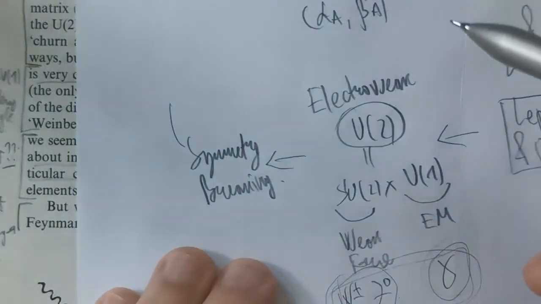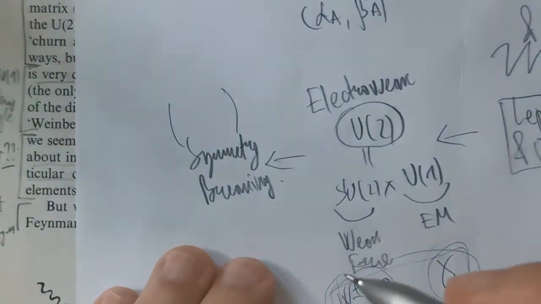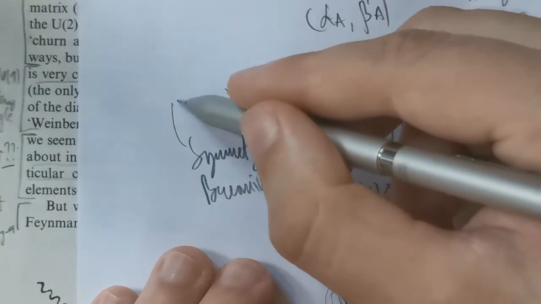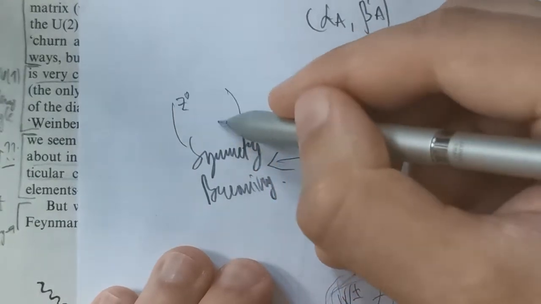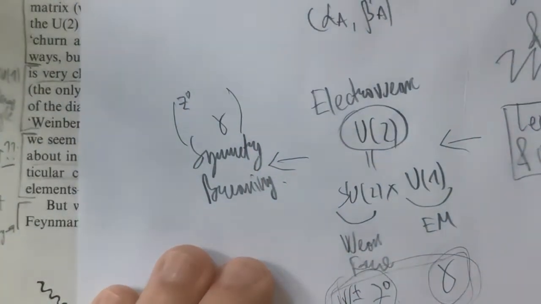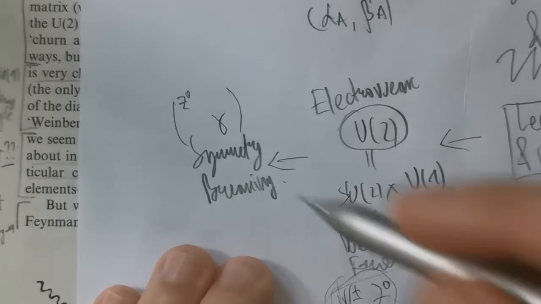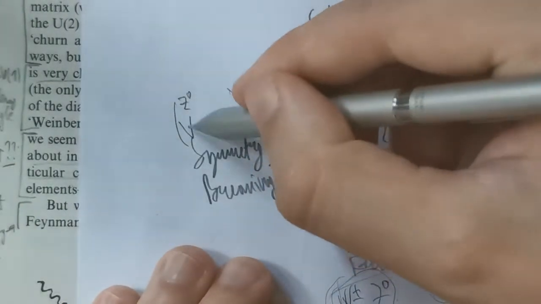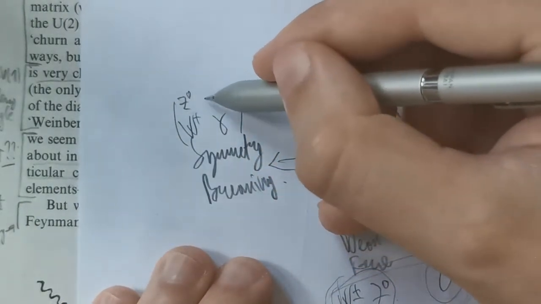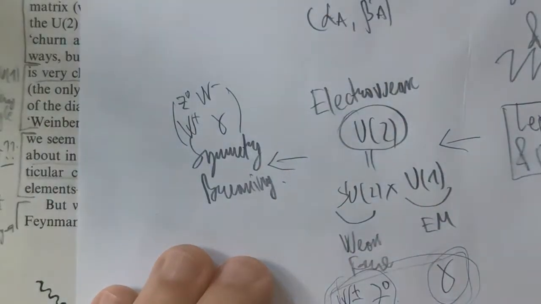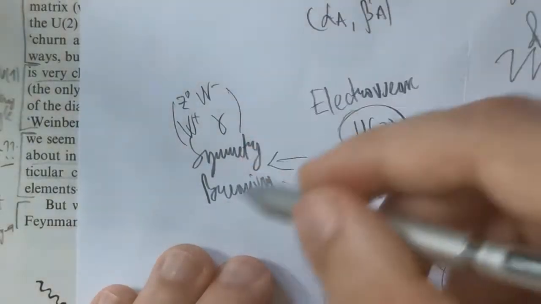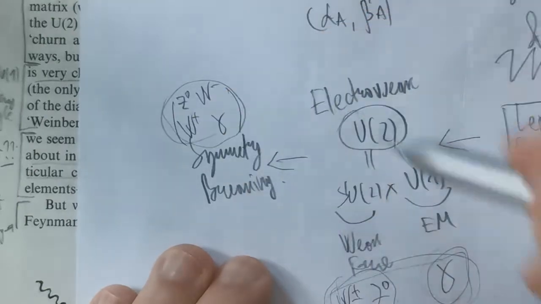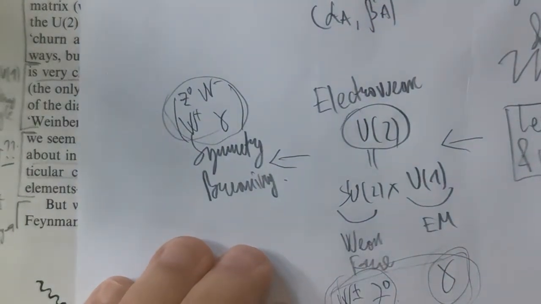The Hermitian matrix structure is actually 2 real numbers, which you can think of as particles that are antiparticles for themselves, the Z boson and the photon. The W plus and W minus are complex conjugates of each other, and therefore you have that nice Hermitian matrix which is preserved by the U2 group symmetries.